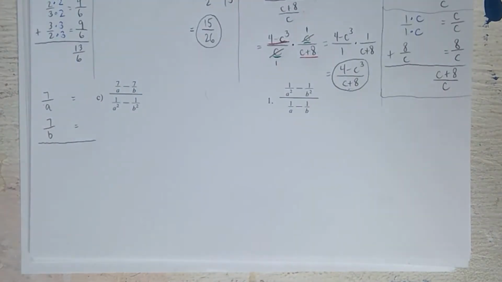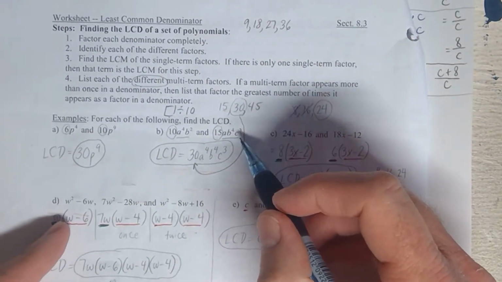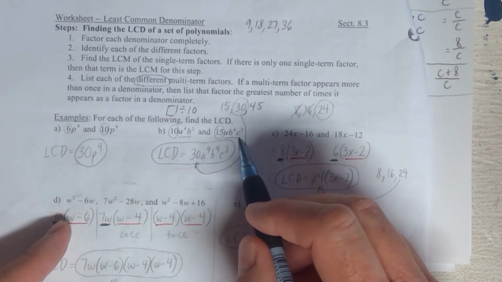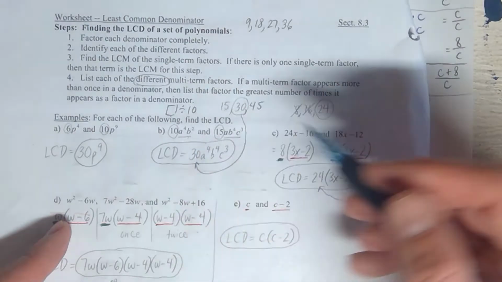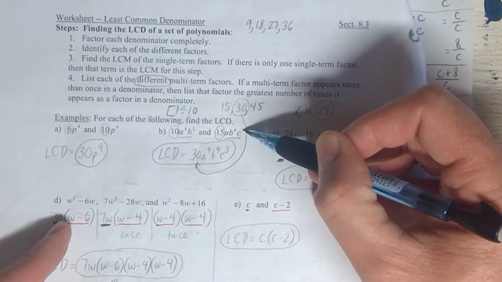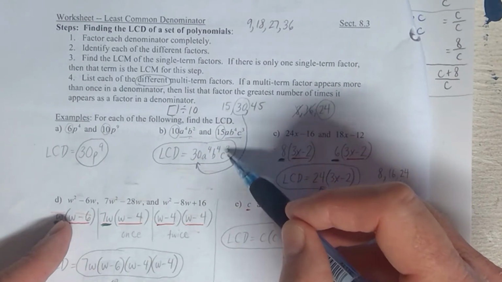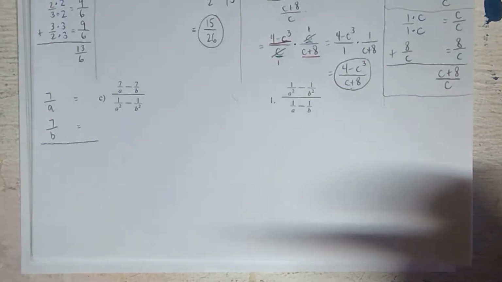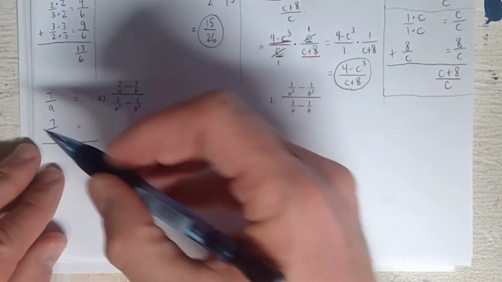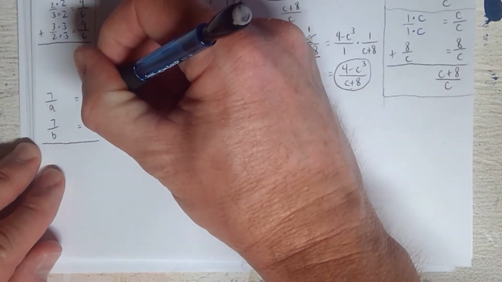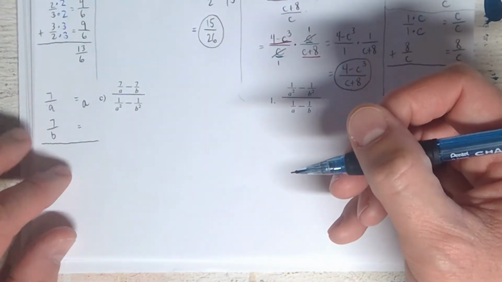And as we mentioned in 8.3, when you have a variable in one of the terms but not the other, see how the c is in this term but not the other? Since we're taking the largest exponent, if you have no c at all and c to the third, it's going to be c to the third. Well, it's the same thing here. If you have no a at all down here but you have a to the first up here, then a to the first is going to go in the LCD.